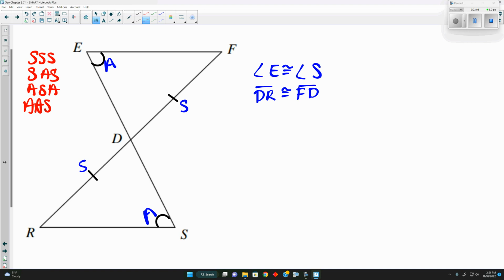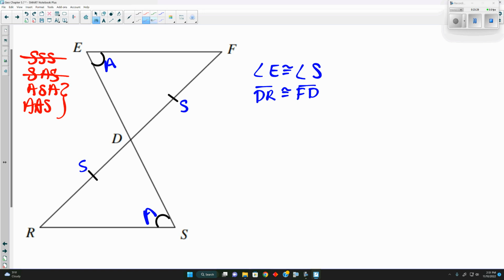Now, looking at what we have, we're given a side and an angle. So we know side, side, side isn't going to work because we already have an angle, so most likely we're not going to be looking at that one. Given an angle and a side, side angle side could work, but are we told any information about another side length? So it's looking at these last two.